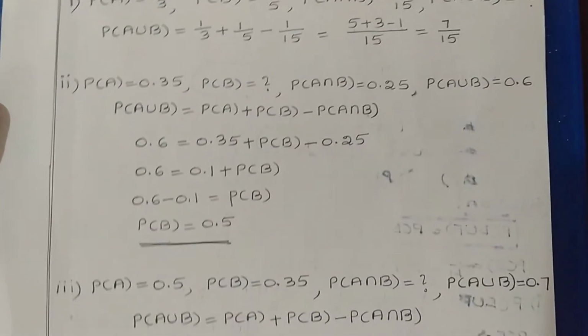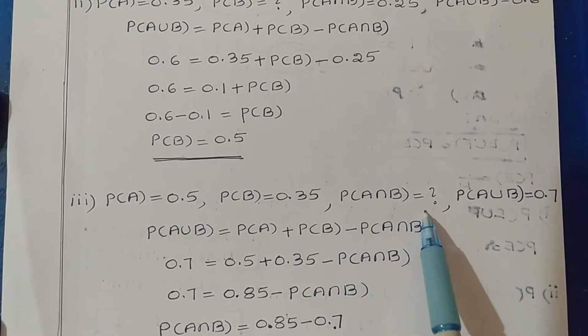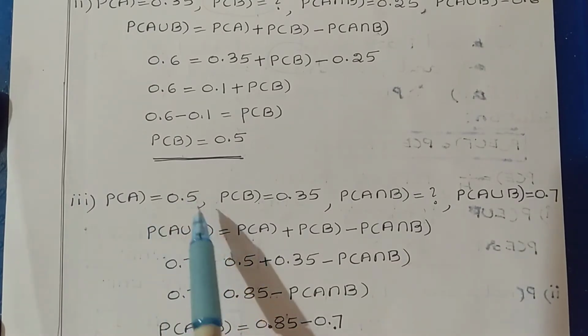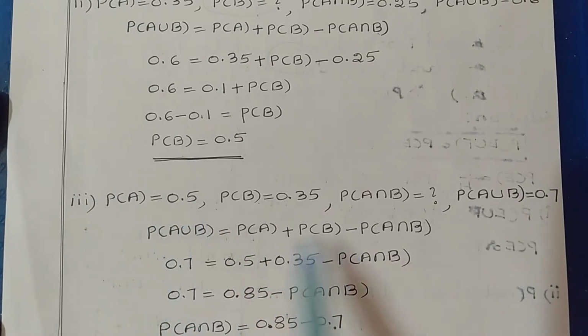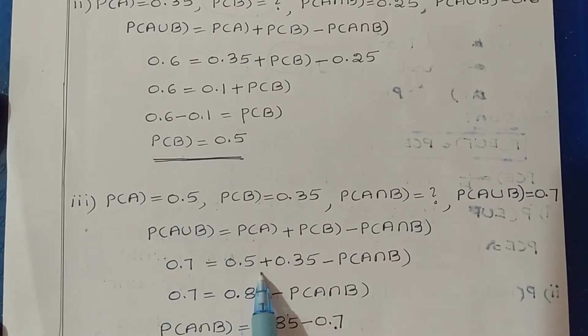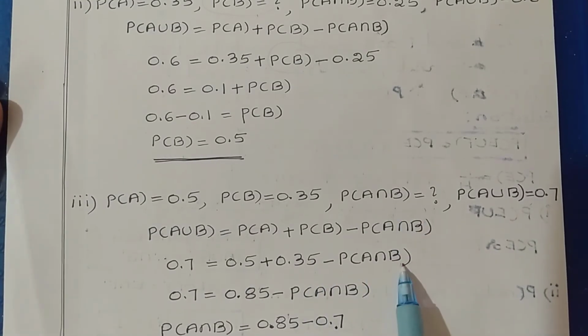Next, third problem. Again, here we need to find probability of A intersection B. Let us apply the formula and let us write the values. So here we have probability of A union B is 0.7, probability of A is 0.5, probability of B is 0.35 minus probability of A intersection B. This we need to find.